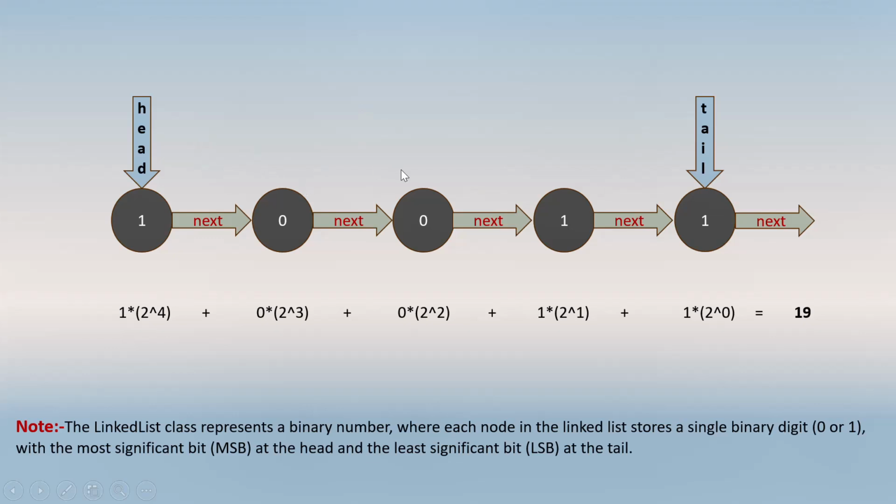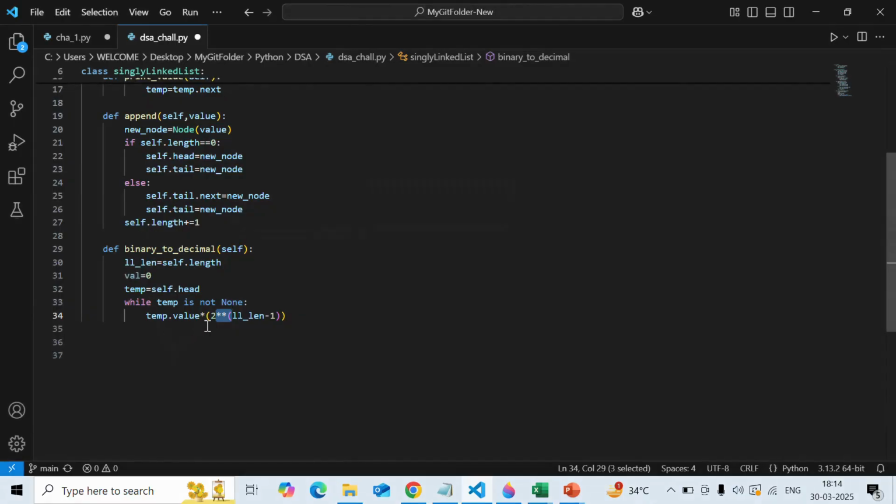For this example, the length is 5, so length minus 1 is 4, and temp is currently pointing to the first node, so its value is 1. So 1 multiplied by 2 raised to the power 4, and this is what we are calculating here, and we will add this value to the variable that we created and assign the new value to this variable.